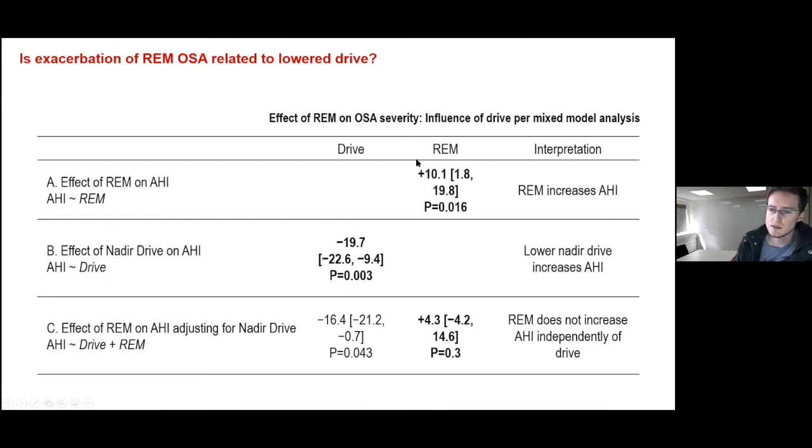And then we thought we could test a mediation effect. So if we adjusted for the fact that drive falls more in REM, do we still see an exacerbation of sleep apnea in REM? And we lose that signal. So when we adjust for nadir drive, the effect of REM on AHI is lowered. So we can conclude that REM does not appear to clearly increase AHI independent of the lowered drive that we see.